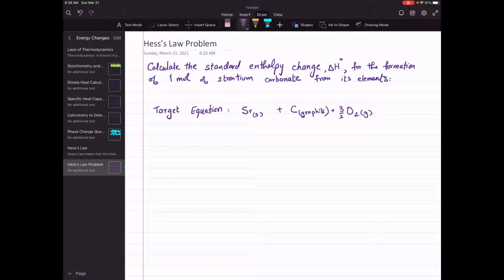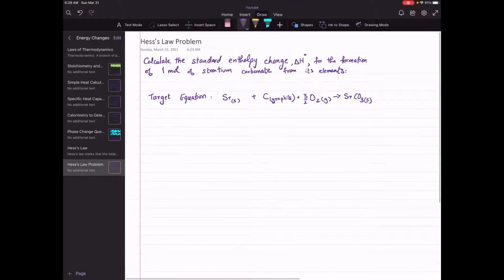If it's a liquid, we need a liquid. And if it's a gas, we need to have it in the gas form. And this is going to be producing SrCO3, or strontium carbonate, in the solid form, and we are looking for the delta H for this reaction. So the target is to find the delta H standard for this equation.